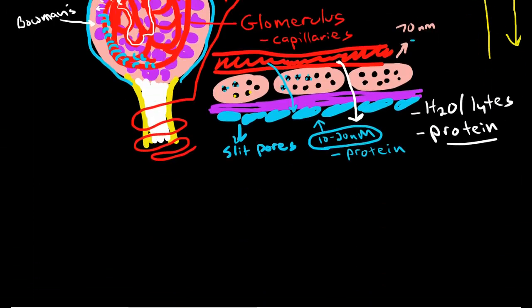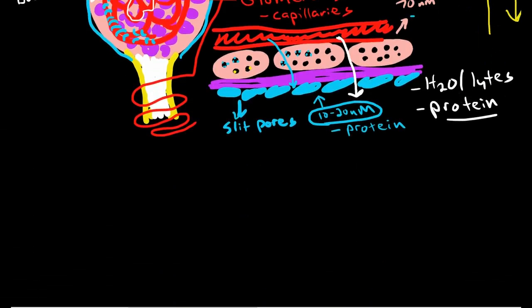Okay, so let's talk about this glomerular filtrate. The glomerular filtrate is the fluid that is pressed out of the glomerular capillaries under the glomerular pressure and into Bowman's capsule, which then drains down into the proximal tubule.